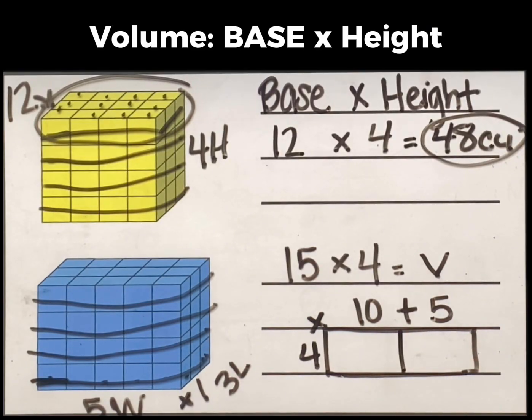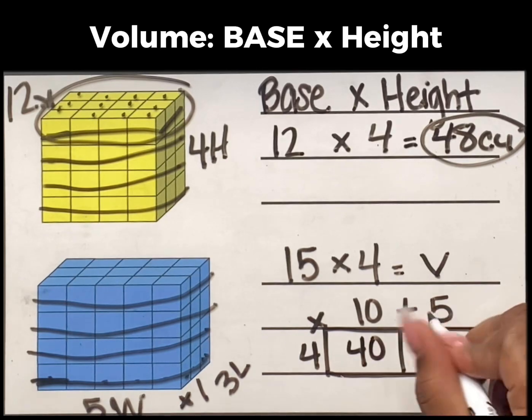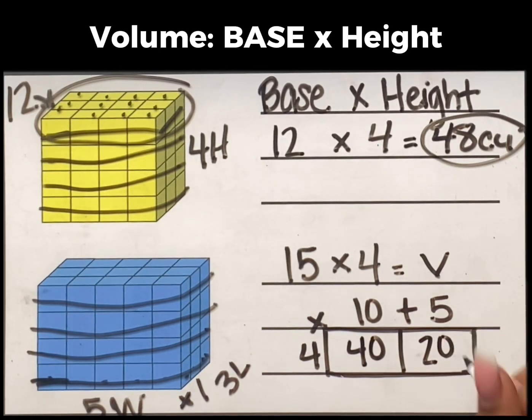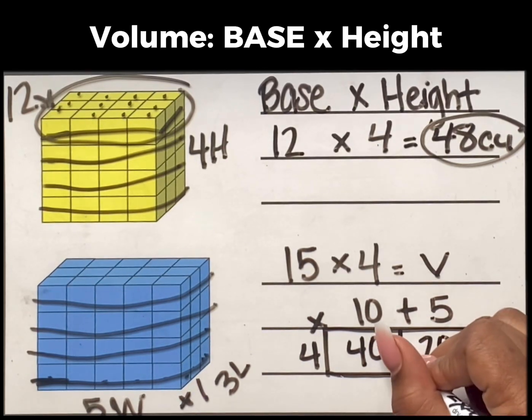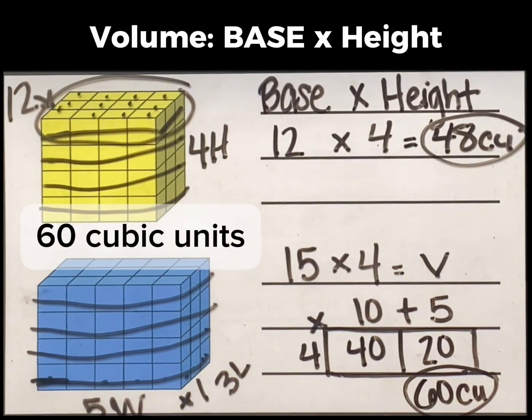And then we multiply. 4 times 10 is 40. And 4 times 5 is 20. Add those together. 40 plus 20 is 60. So the volume of this blue rectangular prism is 60 cubic units.